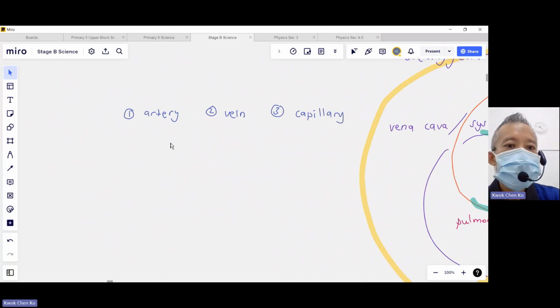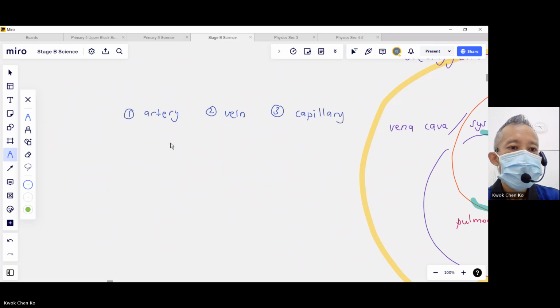Right, basically, artery, as I defined earlier, they carry blood away from the heart. Artery away from heart. Vein back to the heart.